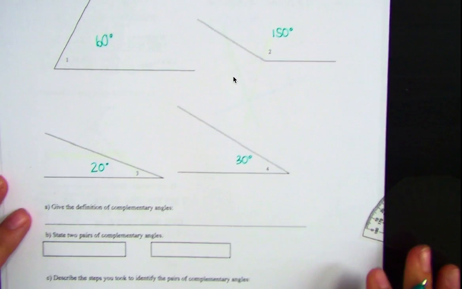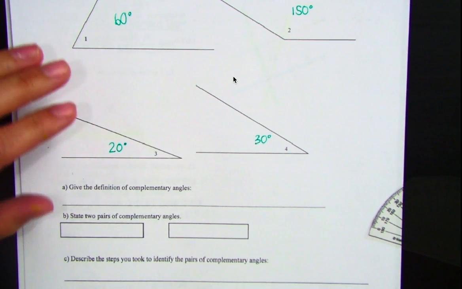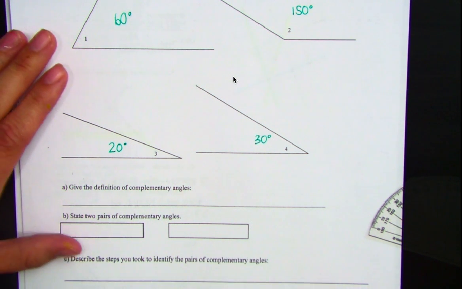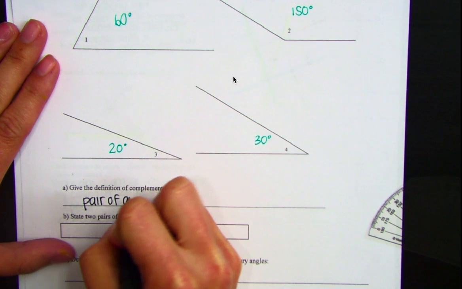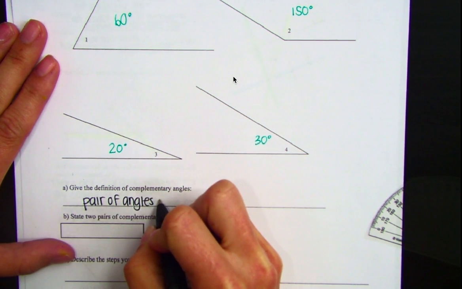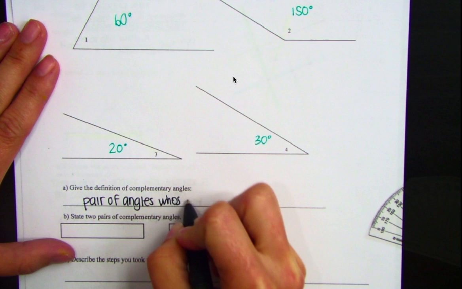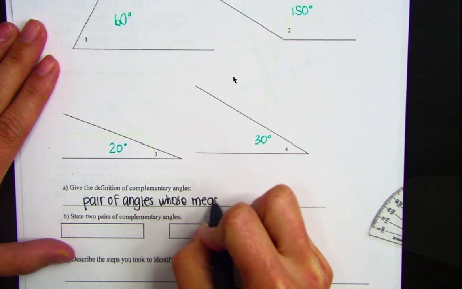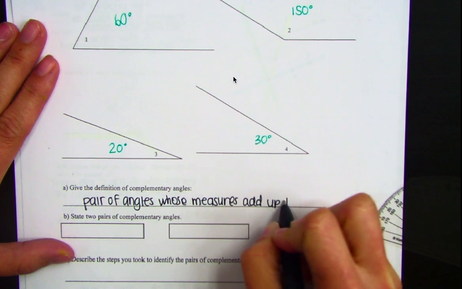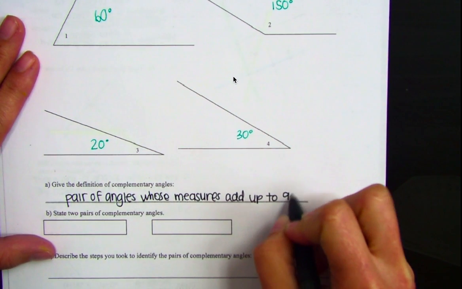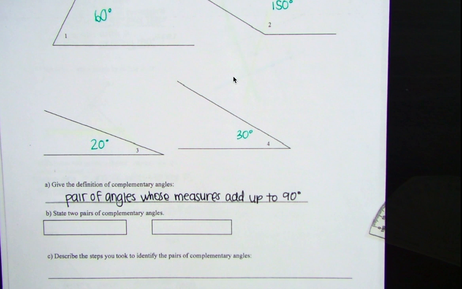So they want us now to give the definition of complementary angles. So complementary angles are a pair of angles whose measures add up to 90 degrees. So what we're going to do is look here to see what angles add up to 90 degrees.